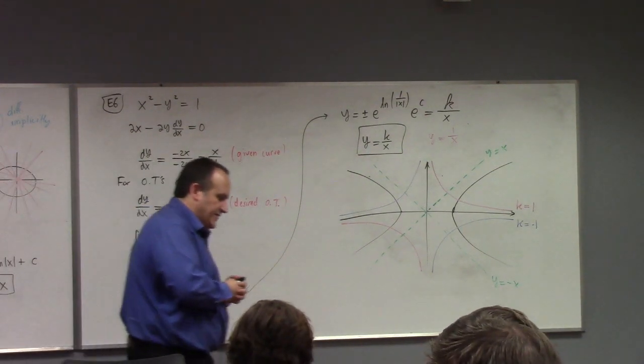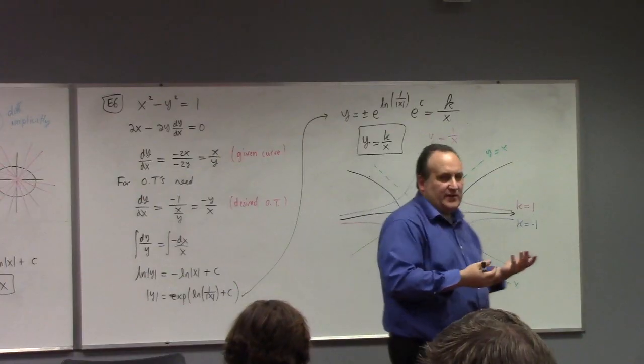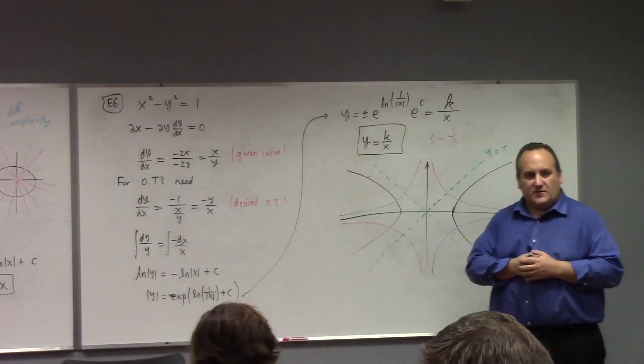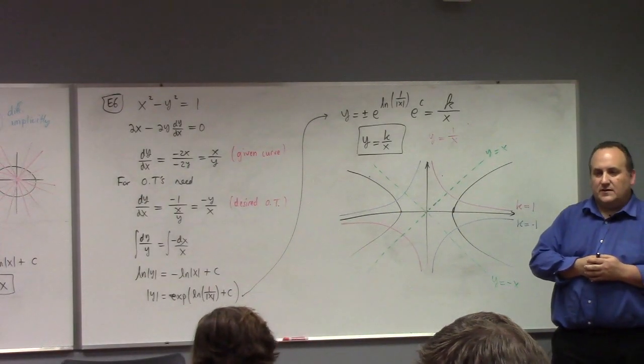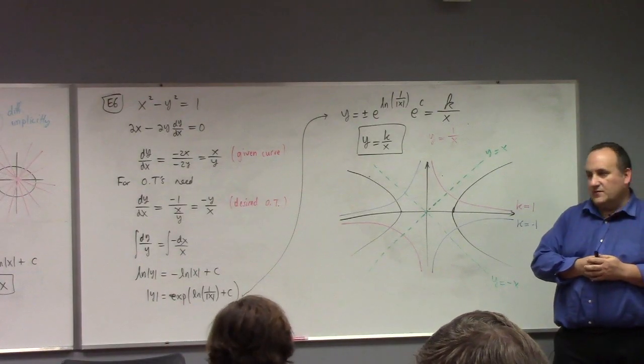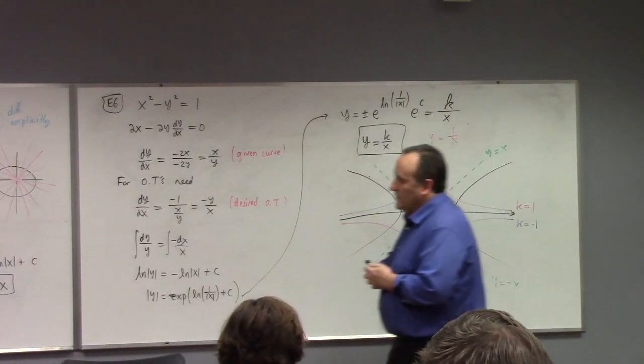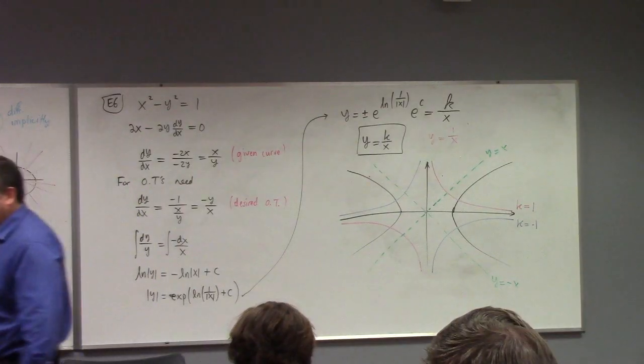Another thing to think about with differential equations is building a differential equation which satisfies certain criteria you want, right? So what if I wanted to find a family of curves that was, say, increasing, goodness gracious.